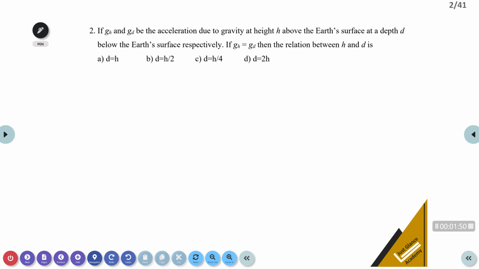If g_h and g_d are the acceleration due to gravity at a height h above the Earth's surface and at a depth d below the Earth's surface respectively, and g_h equals g_d.